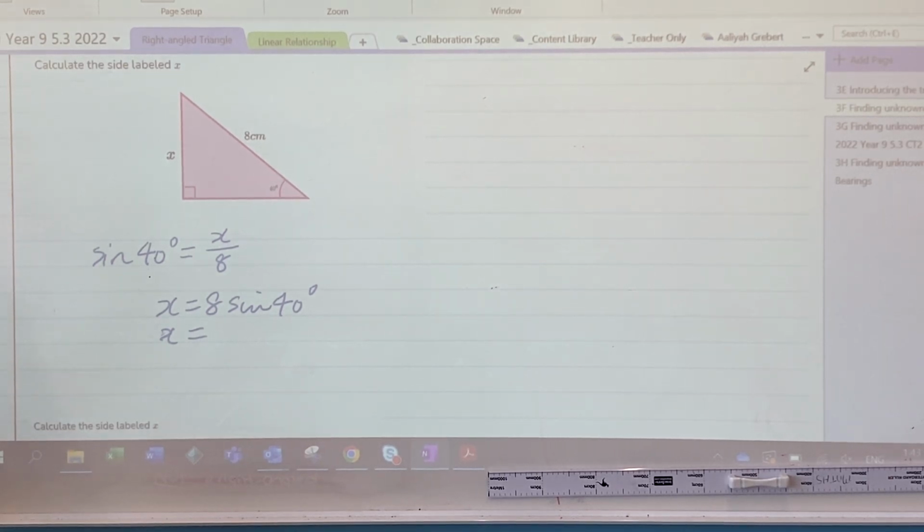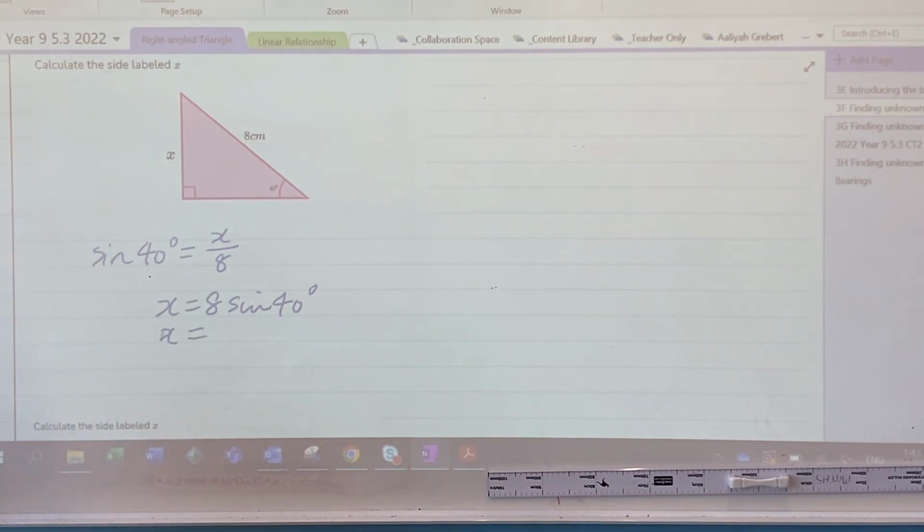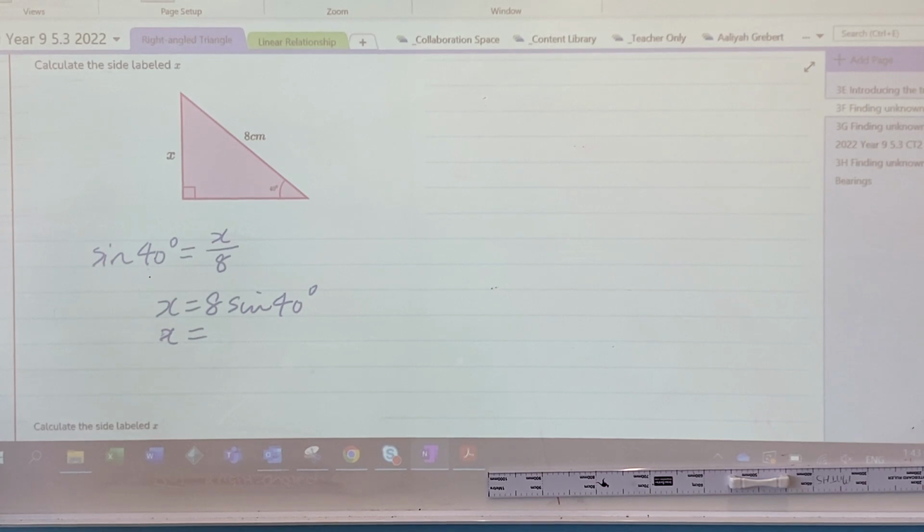In the previous exercise, we know sine, cos, tan is basically the ratio, something over something. Now, can we type in 8 times sin, there's a button on your calculator, sine 40 degrees, and equal. On my calculator it says 5.14, etc.